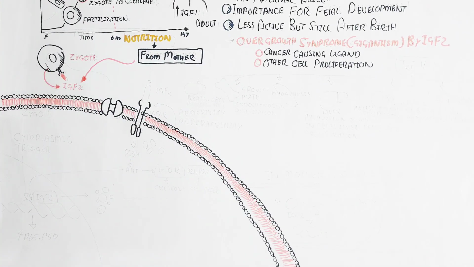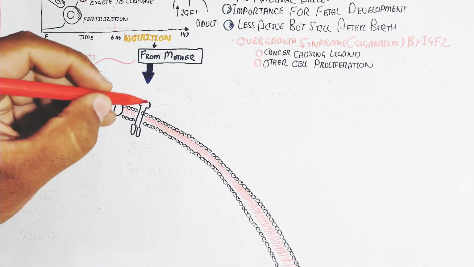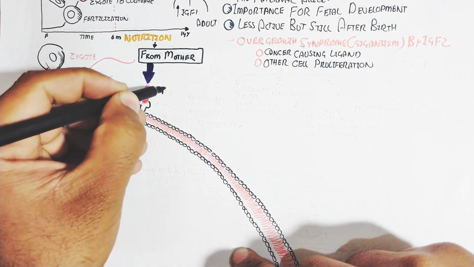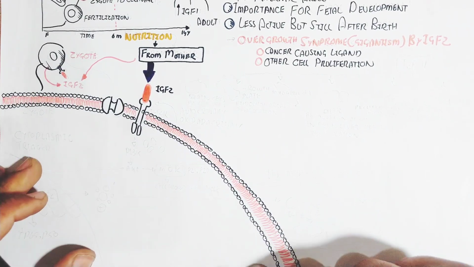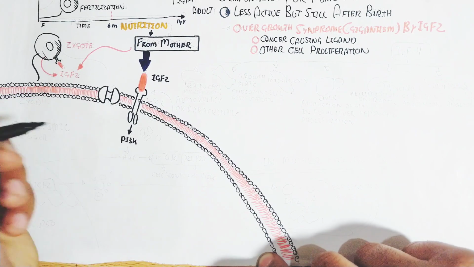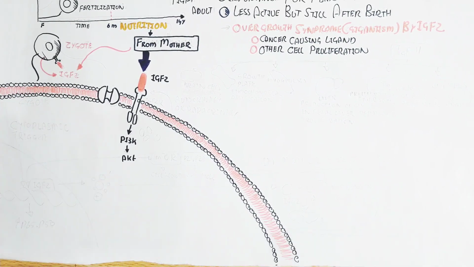The insulin growth factor 2 receptors are present in the zygote for cell proliferation. That is why the zygote converts into a many-cell mass and ultimately into the embryo very rapidly, due to the proliferation, differentiation and maturation of the cells for organogenesis.